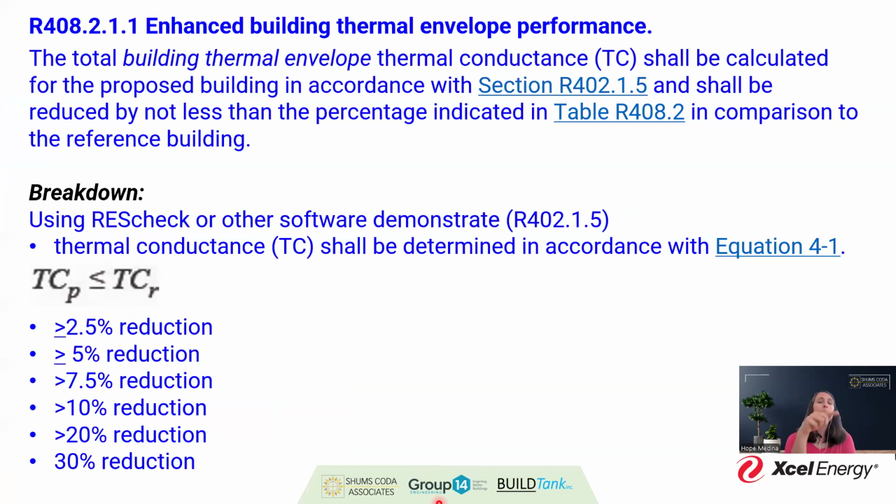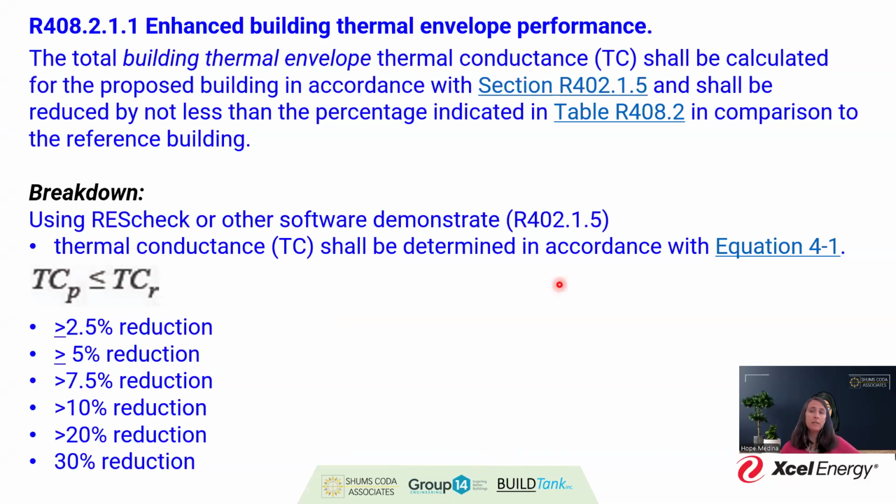So if we look at 408.2.1, here's Aaron, this is the slide I wanted to talk to you about. This is where you're going to do the total building thermal conductance. This is now being brought in and accounted for within REScheck. There's a requirement in there that you have to follow the equation.